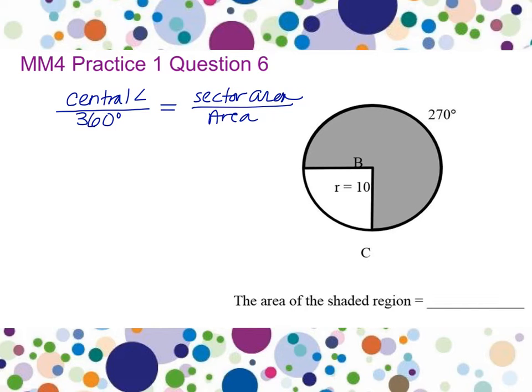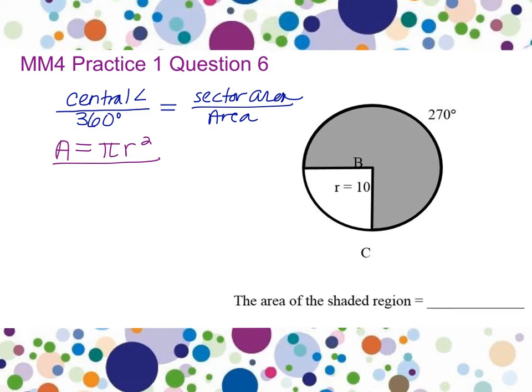All right, so really only two things we need to know how to do. We need to know how to find the area of the circle and then how to solve a proportion. So remember that area is equal to pi times the radius squared, or you might hear pi r squared.